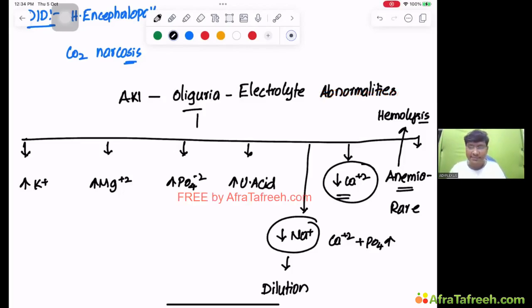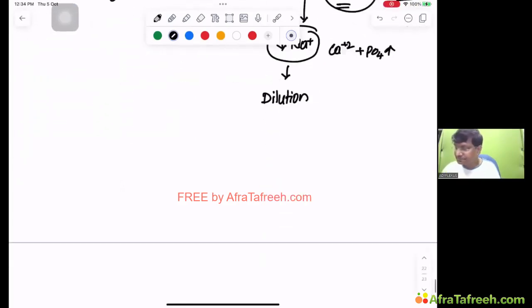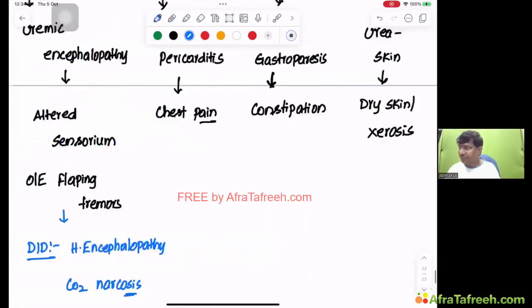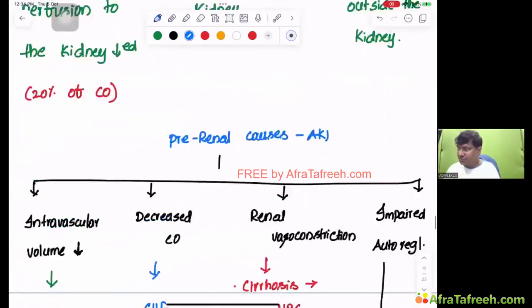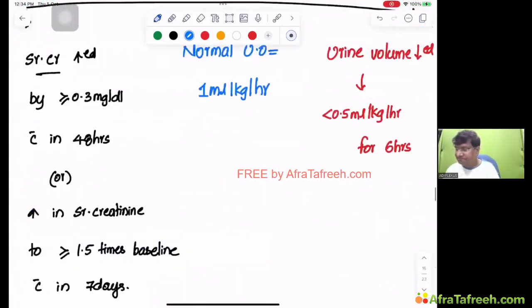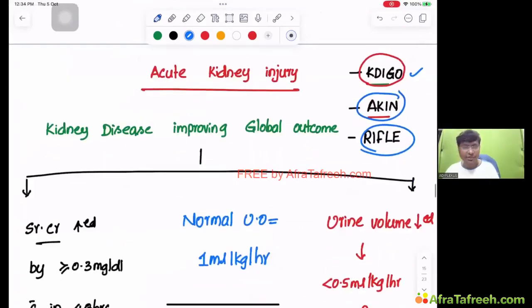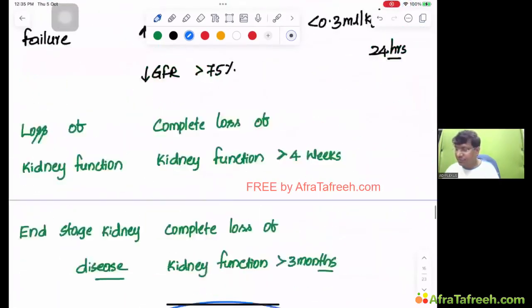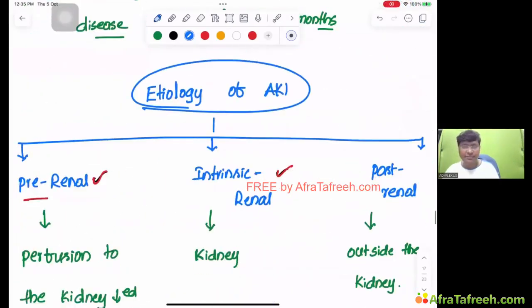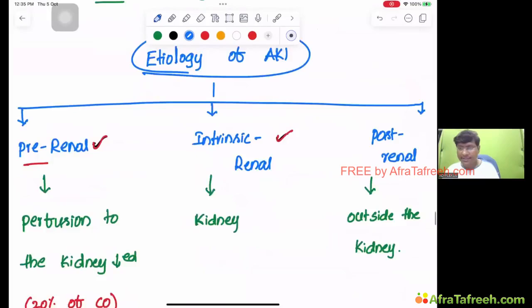Now let us just take up the workup, that is the investigations. So until now, whatever we have discussed, I'll just show you. First important thing, I've discussed the definition according to KDIGO guidelines, Acute Kidney Injury Network criteria, and then RIFLE criteria. Then followed by that, we have discussed the etiology, in which we have classified it as pre-renal, intrinsic renal, and then post-renal, right?